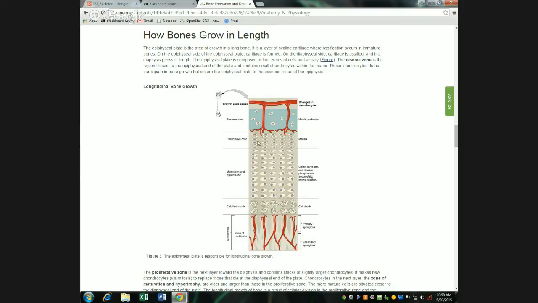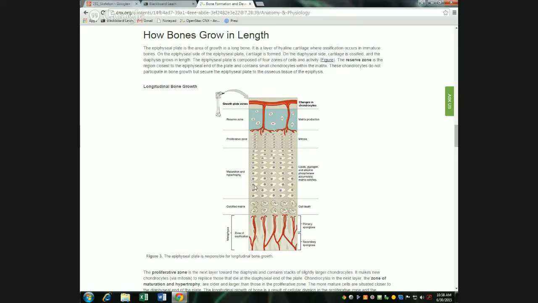So these are small, quickly dividing cells. After they've divided, they start to get larger and larger, and we call that the hypertrophic zone, although it's not labeled that. It just says maturation and hypertrophy, which means cells getting bigger.